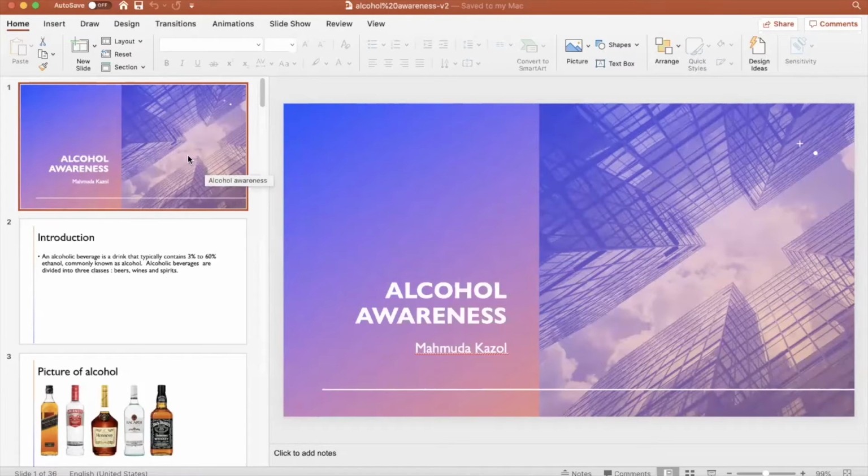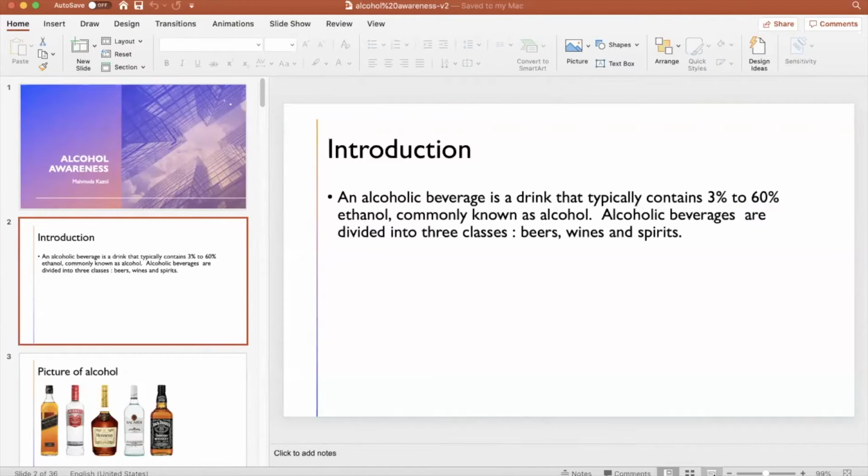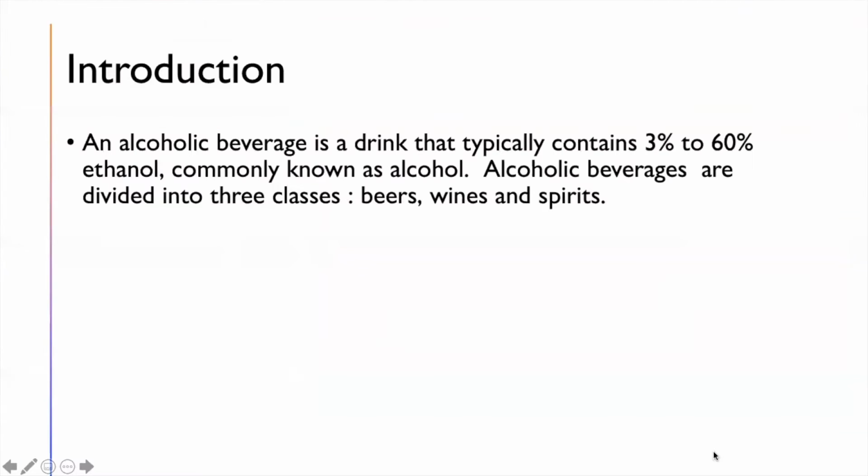So let's get started. What is alcohol? An alcoholic beverage is a drink that typically contains 3% to 60% ethanol, commonly known as alcohol. Alcoholic beverages are divided into three classes: beers, wines, and spirits.